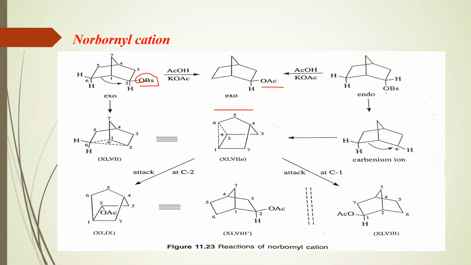Again, the endo brosylate reacts with acetic acid to form the exo acetate group. Therefore, the two groups, exo brosylate and endo brosylate, react with acetic acid to form only one product, the exo acetate.